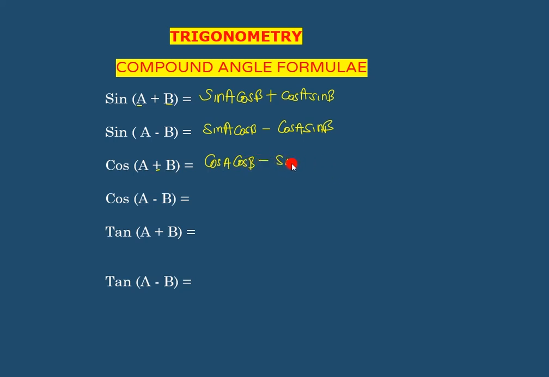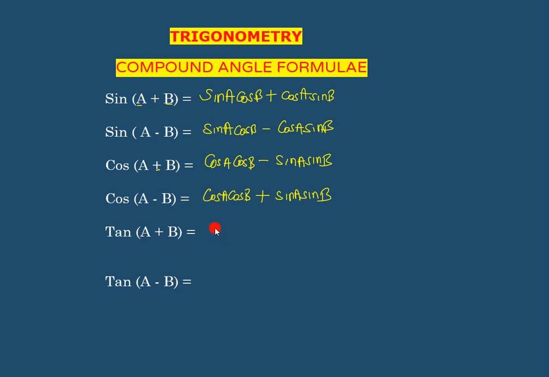This one is sine of A times sine of B. Cosine of A minus B is equal to cosine of A times cosine of B, and the symbol there is a plus, sine of A times sine of B.